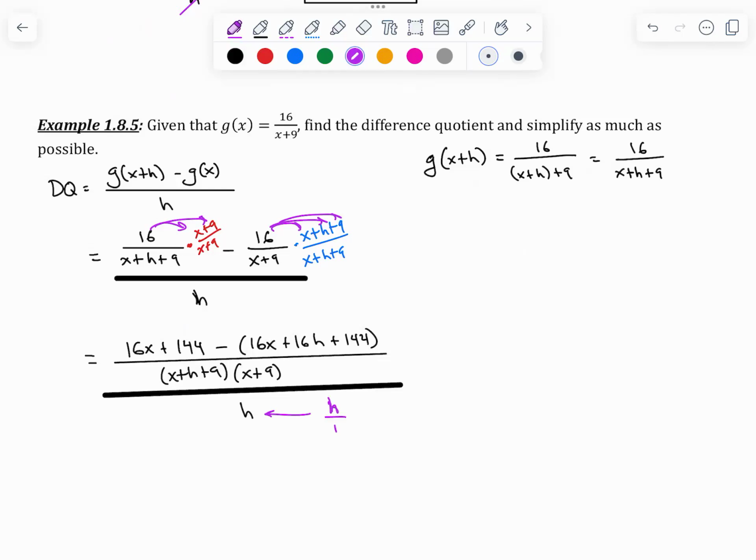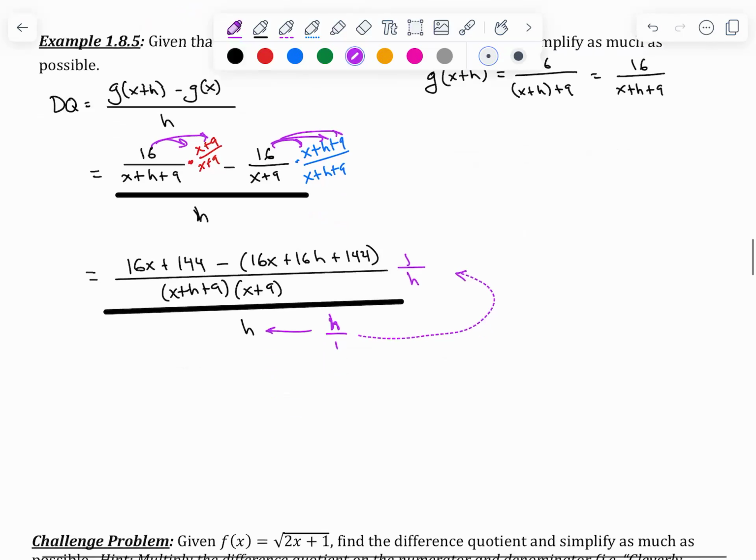And remember that dividing by a fraction means you flip and multiply, so we could really treat this like we're multiplying by 1 over h, just to make it look less complicated.